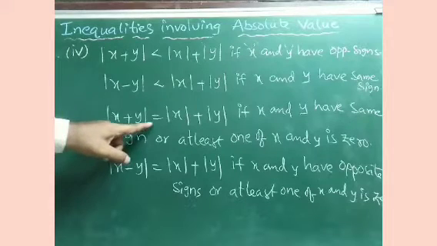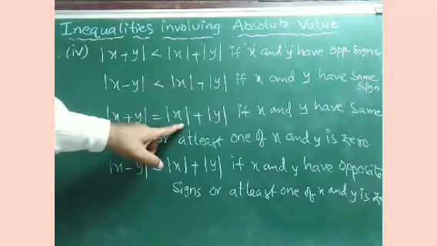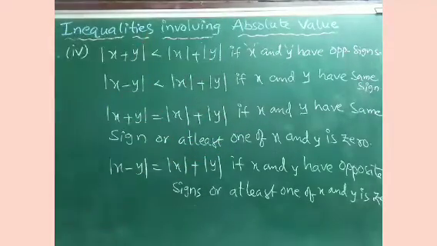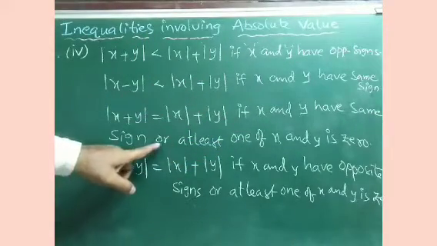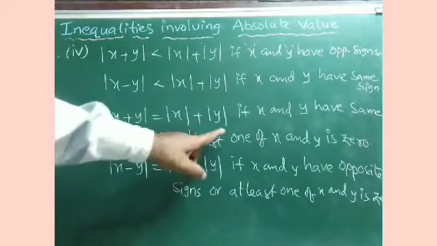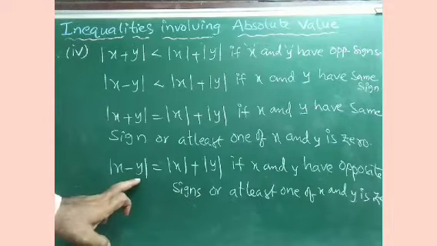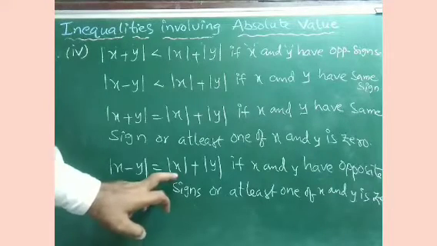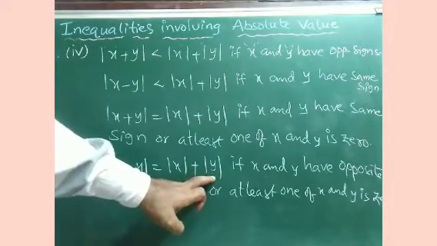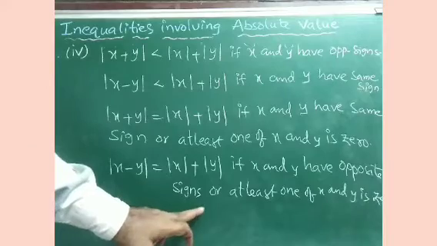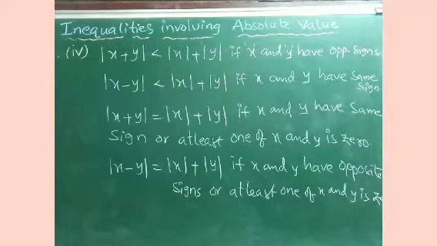Modulus of x plus y is equal to modulus of x plus modulus of y if x and y have same sign, or at least one of x and y is 0. And finally, modulus of x minus y is equal to modulus of x plus modulus of y if x and y have opposite signs, or at least one of x and y is 0.